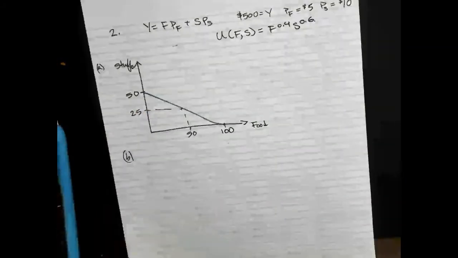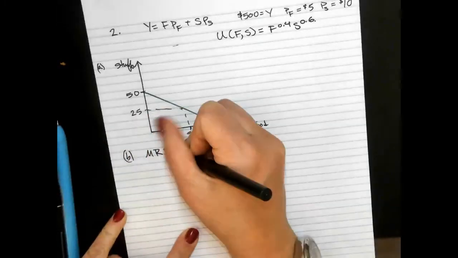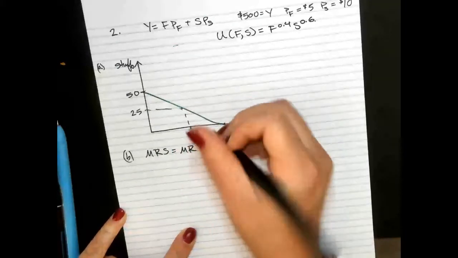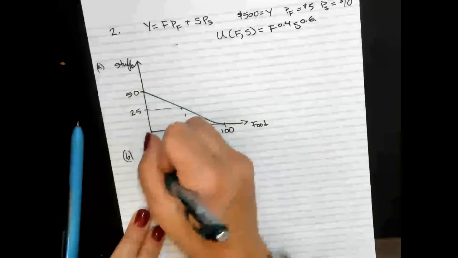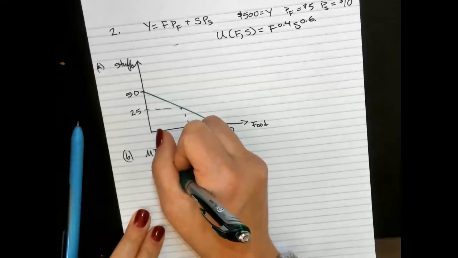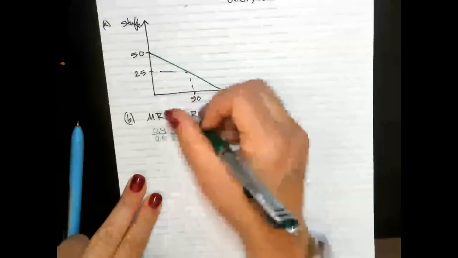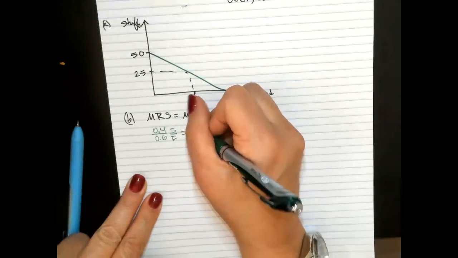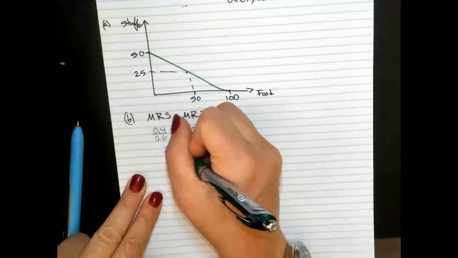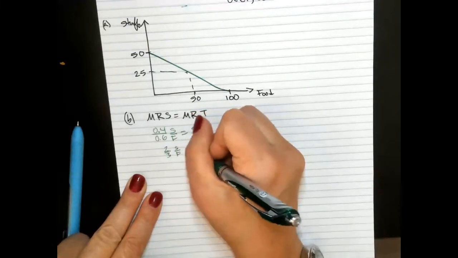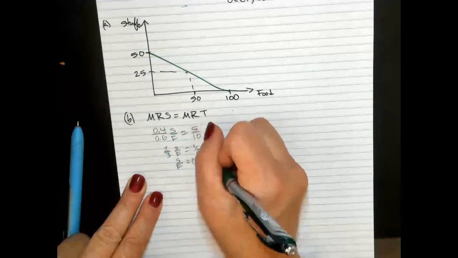And then we wanted to solve for the utility maximizing quantity. And so the one way we could do it is set marginal rate of substitution equal to the marginal rate of transformation, which gave us 0.4 over 0.6 times S over F equal to 5 divided by 10, which was 2/3 S over F equals 1/2, or S over F equals 0.75.